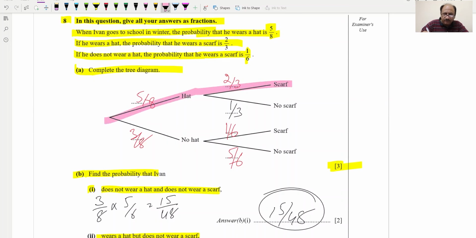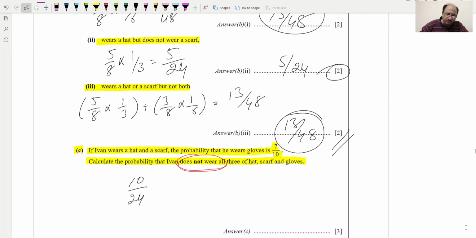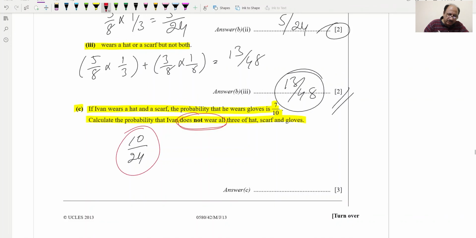Hat and scarf will be this route, this one and this one. Wears hat and scarf, which is 5 by 8 multiplied by 2 by 3, which is equal to 10 by 24, and this 10 by 24 we have taken over here. Wears gloves is given 7 by 10, so this will be multiplied by 7 by 10, and this is the probability that he wears all three.